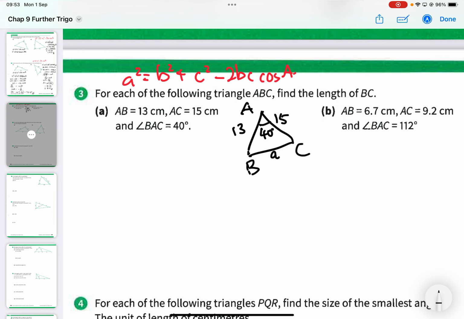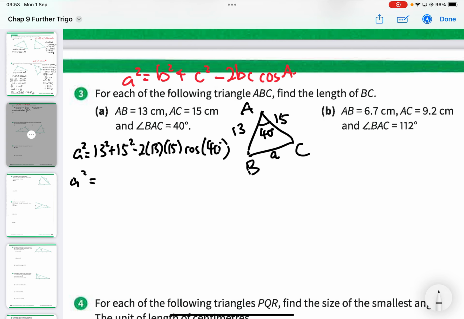Then use your formula. A square equals 13 square plus 15 square minus 2 times 13 times 15 cosine 40. Then it's just keying in the calculator.